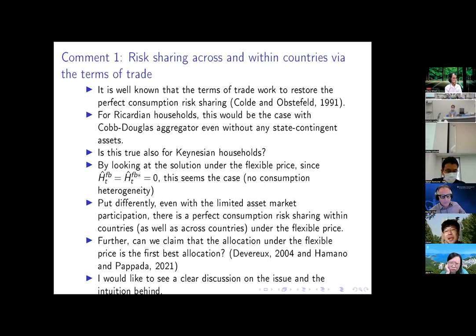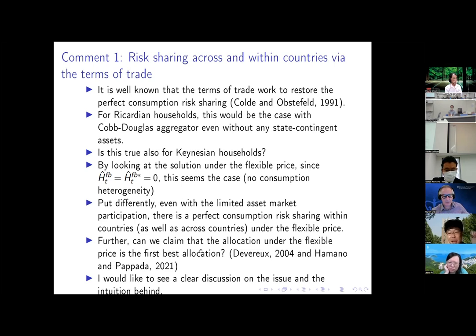Because Keynesian households also consume the same set of consumption goods. So if the terms of trade changes, they could benefit from those changes. So this is my comment, or more precisely a question. So I want to see a clear discussion on the issue.